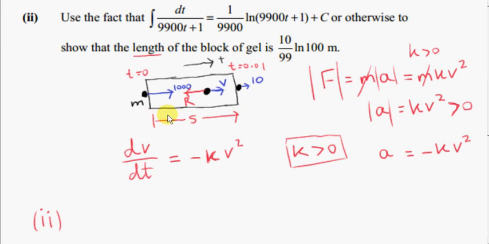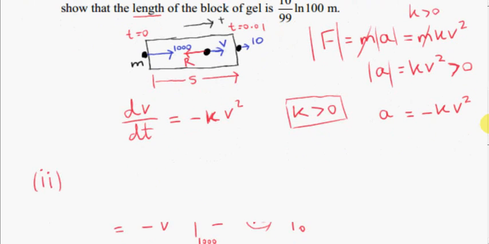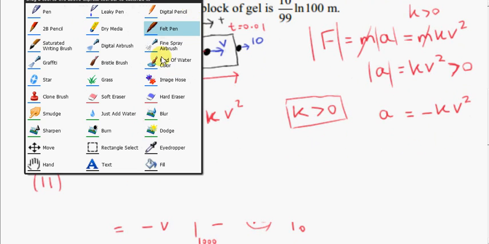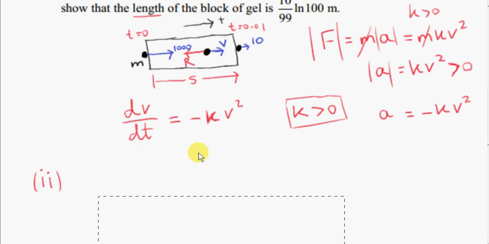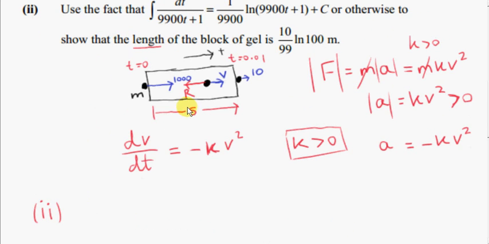So again, we can do what we did in previous videos for the acceleration. Get the acceleration involving not time but distance. So we are going to try and get s as a function of v, or v as a function of s actually.